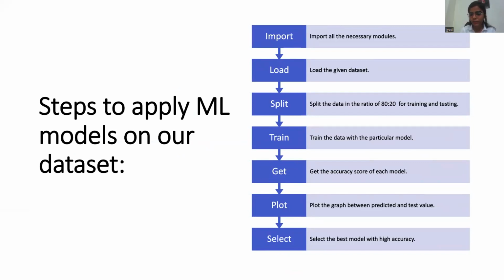Then I split my data in an 80 to 20 ratio: I trained on 80% of the data, and I used 20% of the data to test my model. After applying the models, I check the accuracy, and the model which gives more accuracy will be the best model for the given data set. After the accuracy, I plotted the graph, and after that I will select the best model.